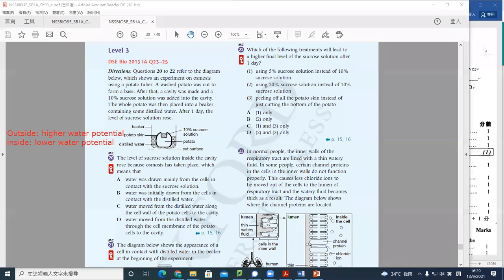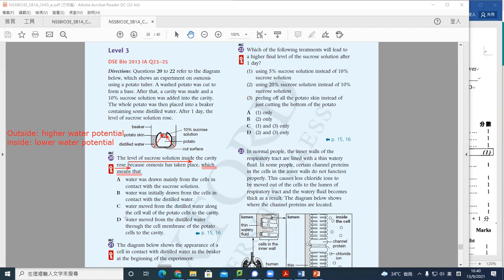And you can see the water will move in. So that's the liquid level inside rising because osmosis has taken place. What is the explanation for what you have observed?